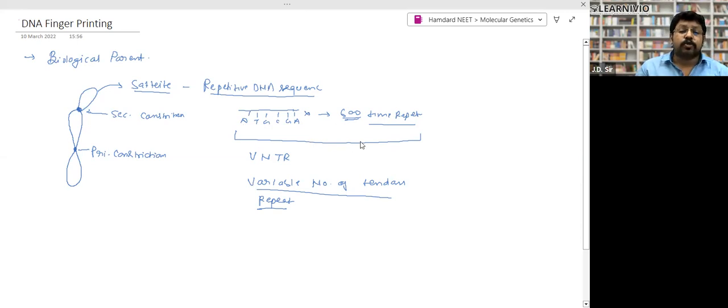These repetitive sequences are called VNTR, variable number of tandem repeats. So in DNA fingerprinting, we match the VNTR. 50% of the VNTR should resemble the father and 50% should resemble the mother. This process is called DNA fingerprinting.